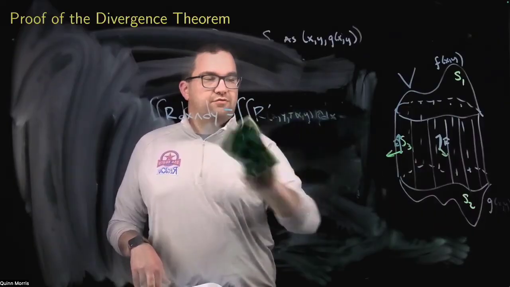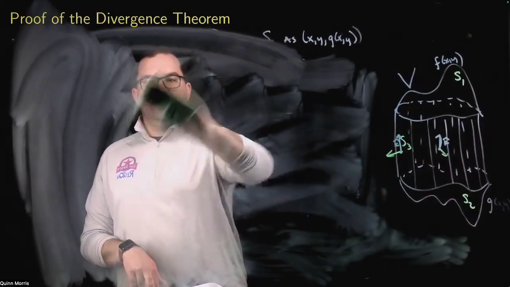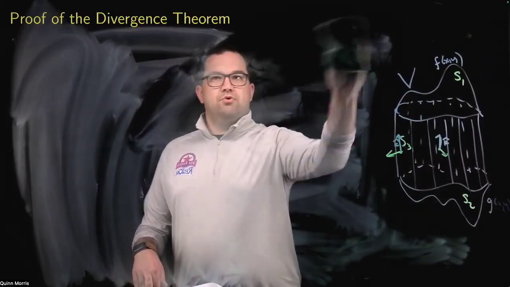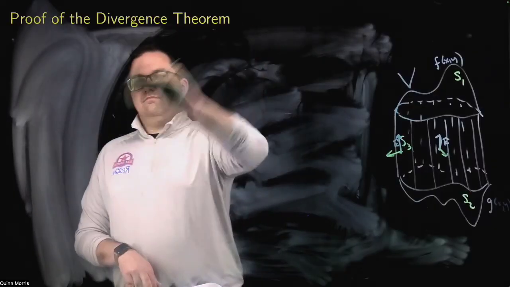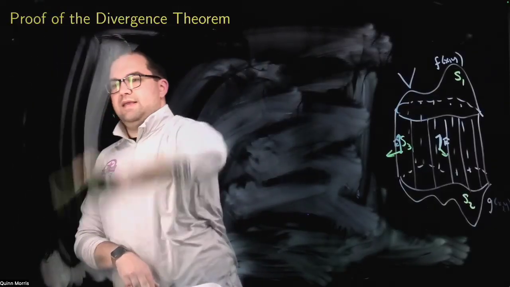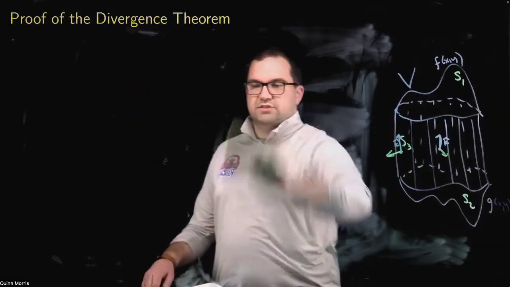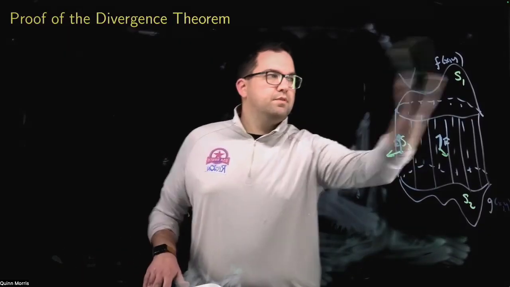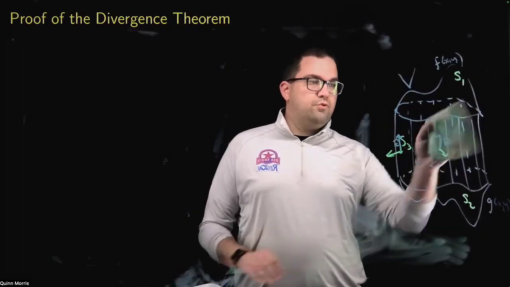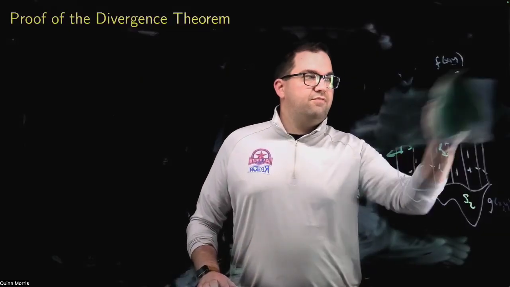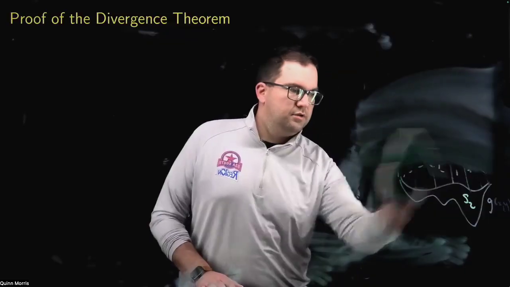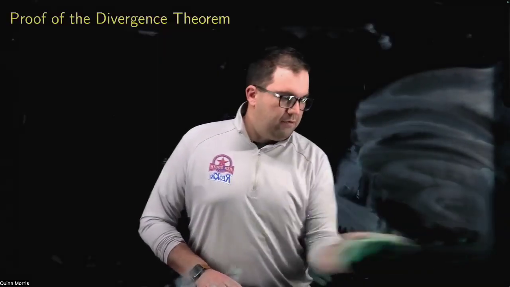But if you can prove it for this volume V, you can actually prove it for all sufficiently nice volumes V by partitioning V up into regions of this nice type. So that concludes the proof of the divergence theorem, and in fact concludes our entire discussion of multivariable calculus.